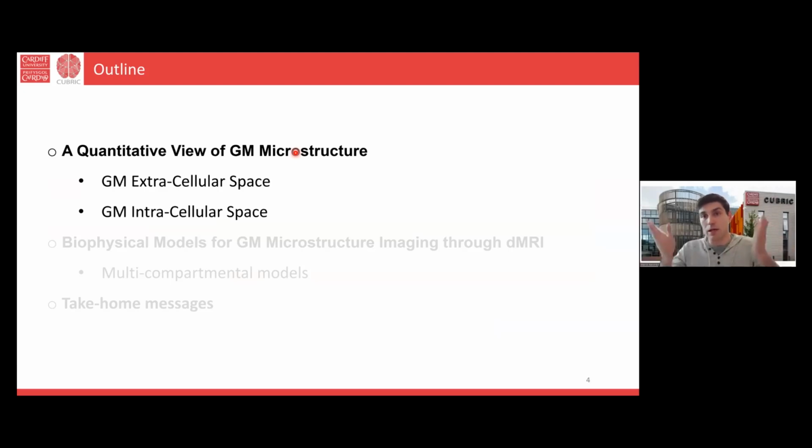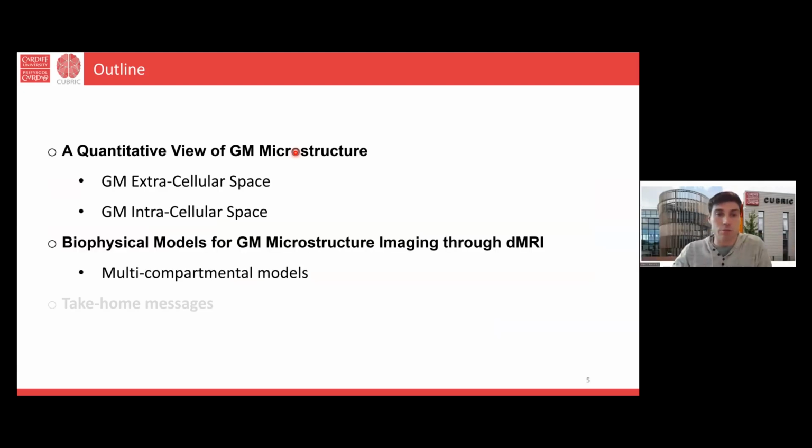And then I'm going to narrow it down, going into the biophysical modeling, try to understand what of these hundreds of interesting features that characterize the complexity of the gray matter, which of them we can probably measure, and how we can probably estimate them using diffusion MRI, what has been done so far about that. And I'll conclude with some take-home messages.